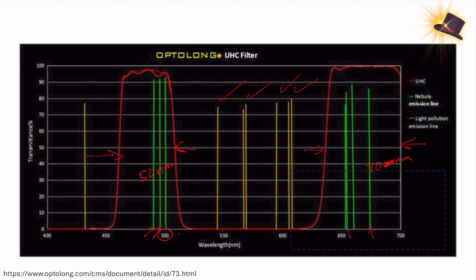They broaden the dual narrowband spectrum to include more emission lines while avoiding the light pollution lines. So these orange lines are all man-made emission lines. I'm not sure which is which, I can't remember.